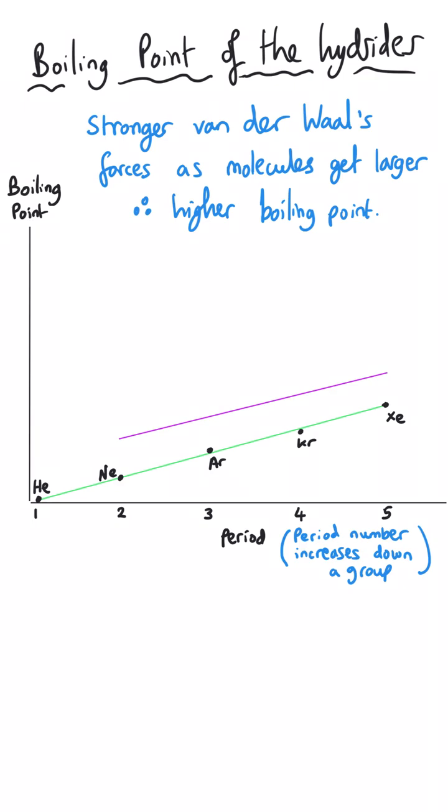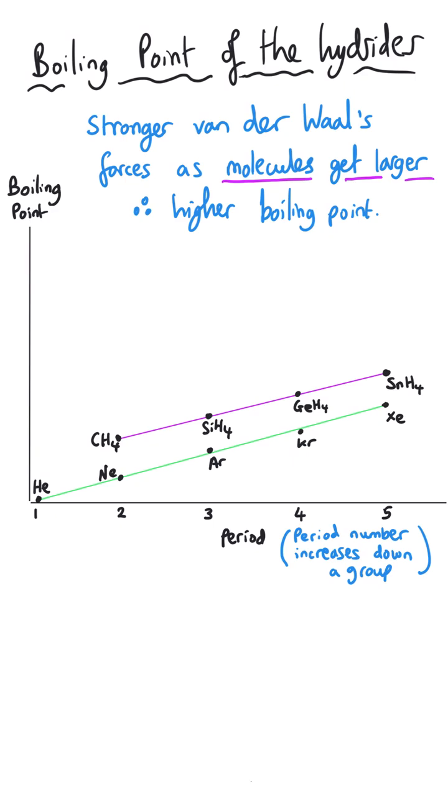That's particular elements bonded to hydrogen. And so if we take the elements of group 4, the pattern is again what you would expect. The boiling point increases as we move down through the periods. So methane has the lowest boiling point, then silicon tetrahydride, then germanium, and then tin. And that's because tin has got more electrons and stronger van der Waals forces.